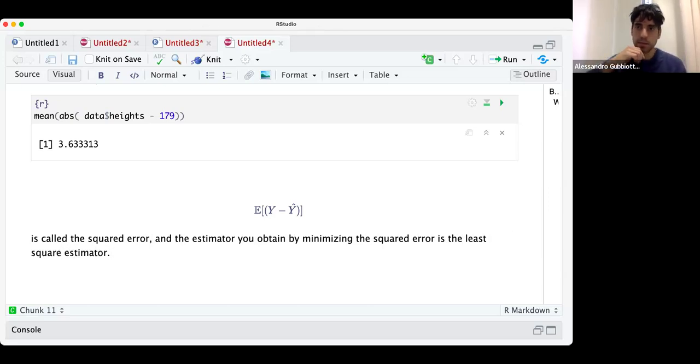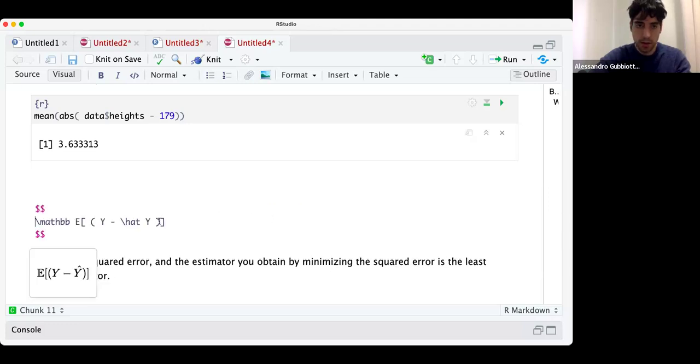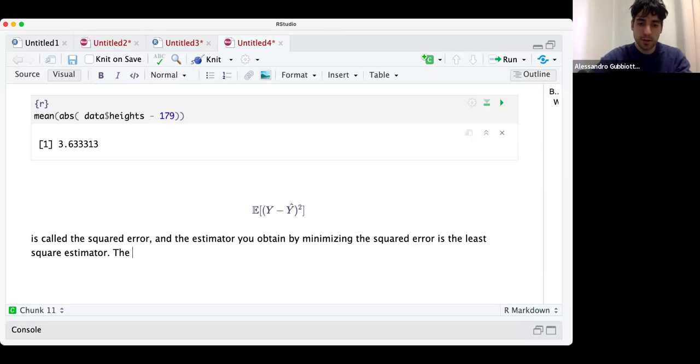The linear regression will use this; the square here is important. The linear regression will try to minimize this quantity here. There are other functions, but we will use this function.